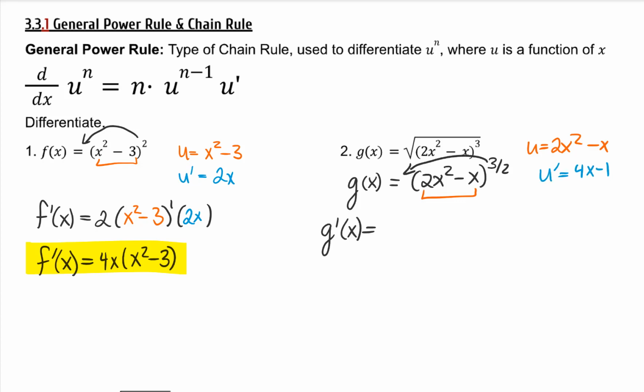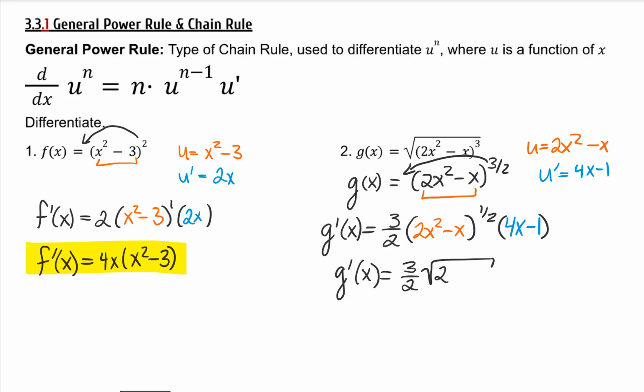Pop down, power down. What goes inside? U. What do we multiply by? U prime. This is already factored. Either one of these answers is acceptable.